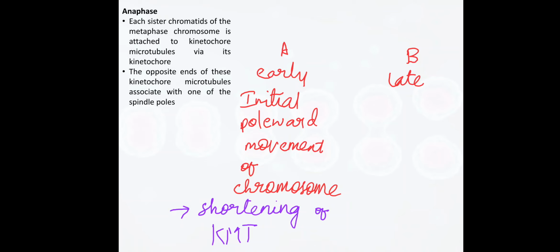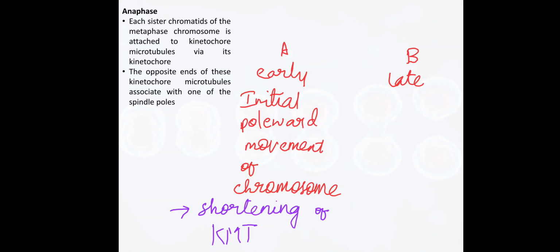In this case, the force is generated by microtubule by what? Depolymerization at the kinetochore. So depolymerization will lead to what? Loss of tubulin subunits at the plus end. Therefore the kinetochore microtubule becomes short.